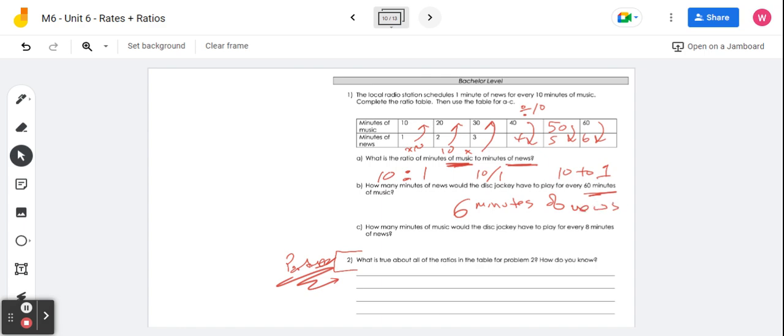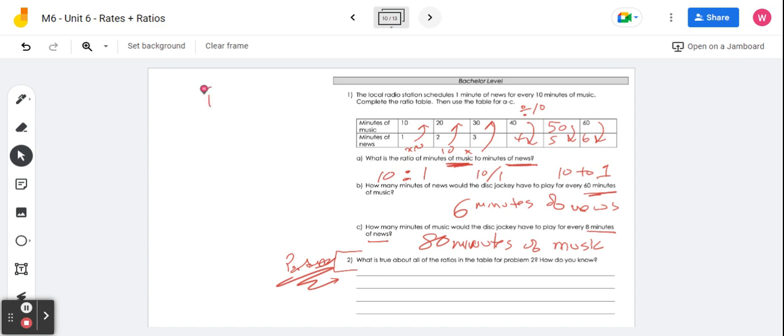And then how many minutes of music would the disc jockey have to play for 8 minutes of news? Well, we see that the ratio of minutes of news to music is 1 to 10, or the minutes of music to news is 10 to 1. So because this is 8 minutes of news, that means there would be 80 minutes of music for the 8 minutes of news.